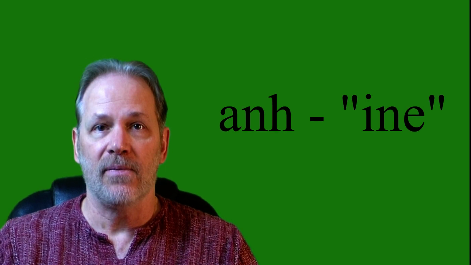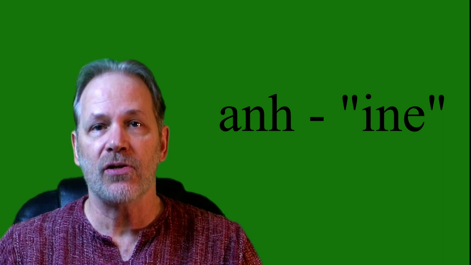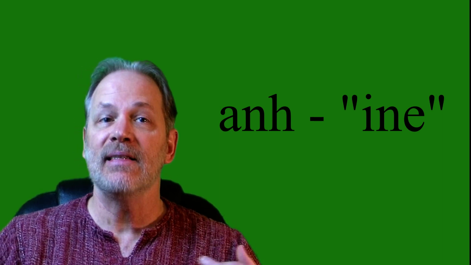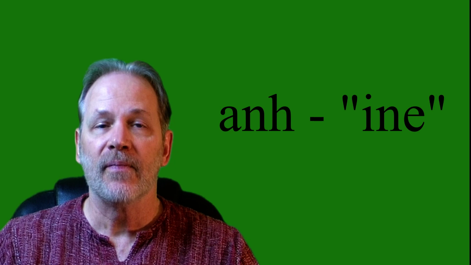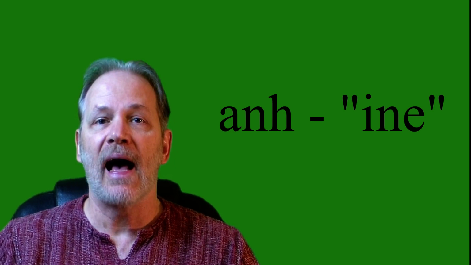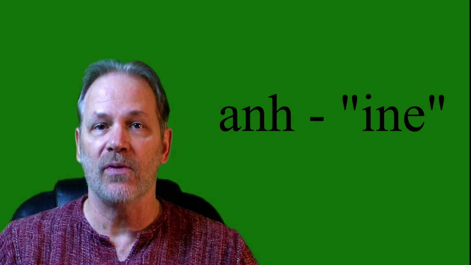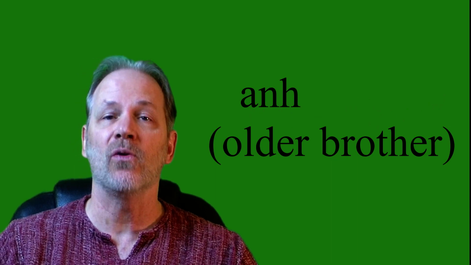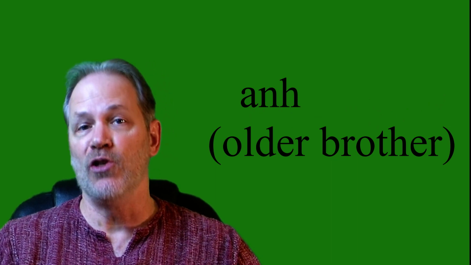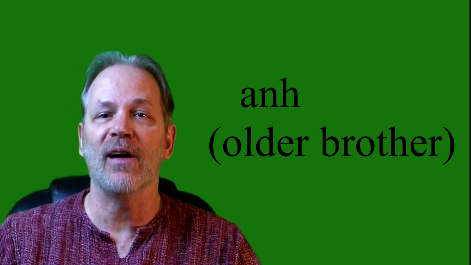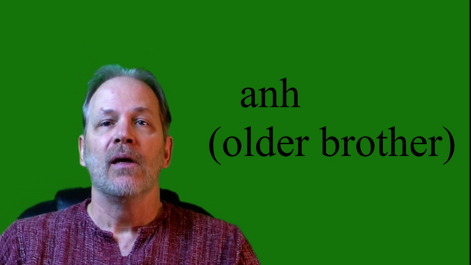The NH at the end of a word also changes the A sound. So if the word ends in ANH, similar to how the ACH is pronounced like ike, the ANH is pronounced like ein. So the word anh, ein, means older brother. It means you or I, depending on who you're talking to or who's speaking to you.